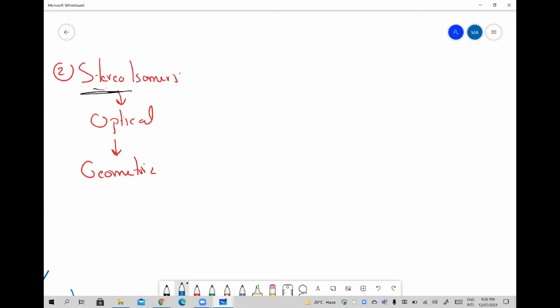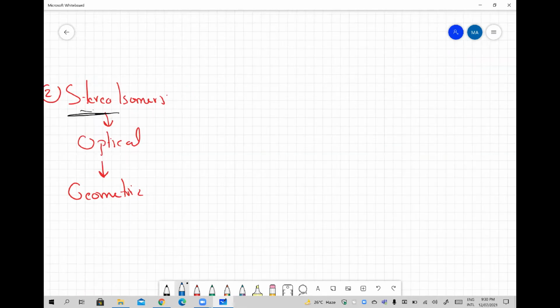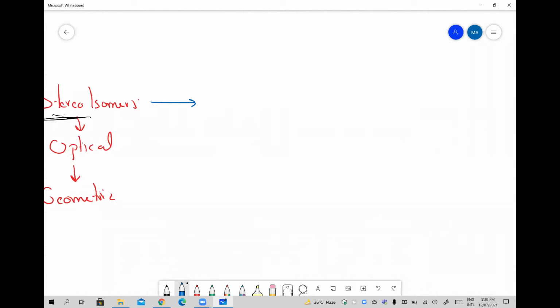Optical isomers now. So stereoisomers, let's just look at a definition for stereoisomers. Basically, they have the same molecular formulas. The structural formulas, in this case, are also the same, but the arrangement of atoms is different.